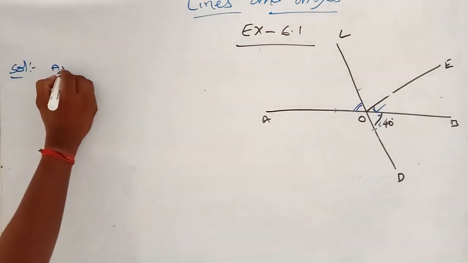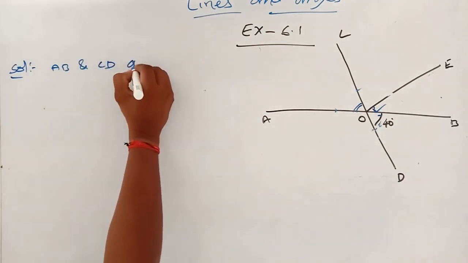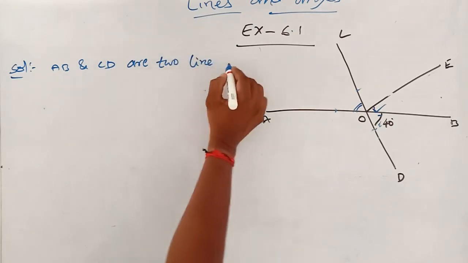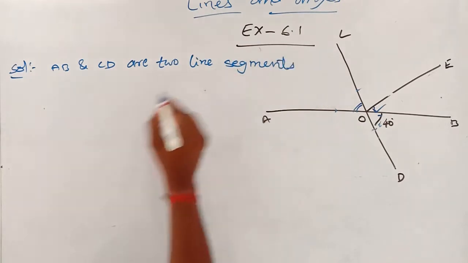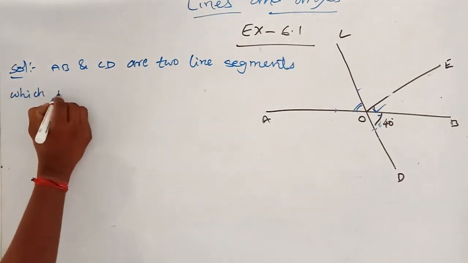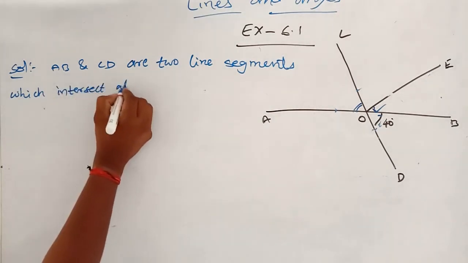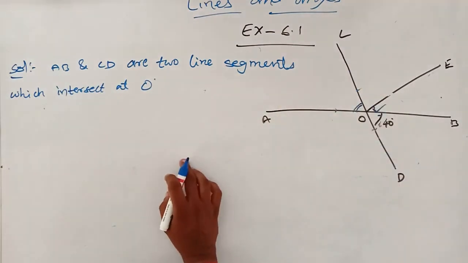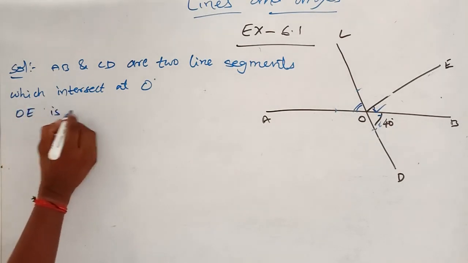AB and CD are two line segments which intersect at O. Hence, AB and CD are intersecting lines and OE is a ray.